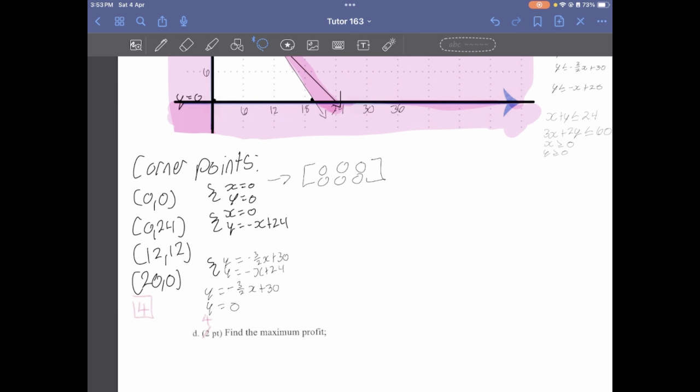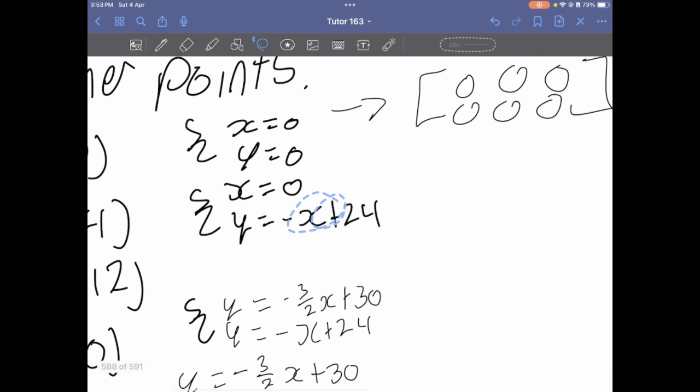If we want to set up the second equation, we have to put it in a form where x and y are on the same side. So we're going to transpose this, and that would be x plus y is equal to 24, right?